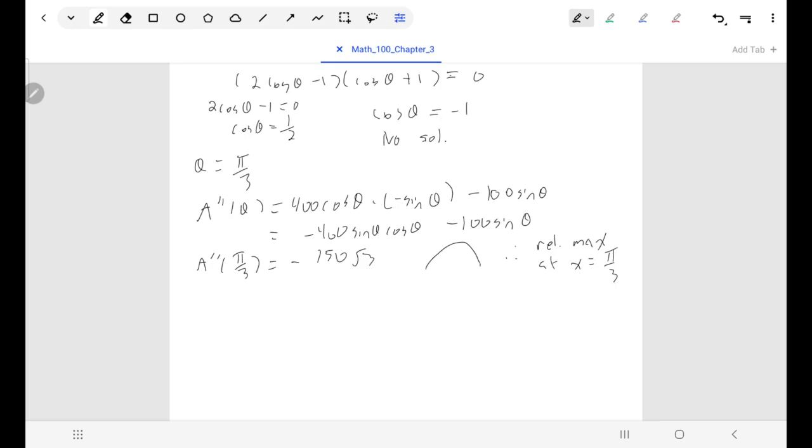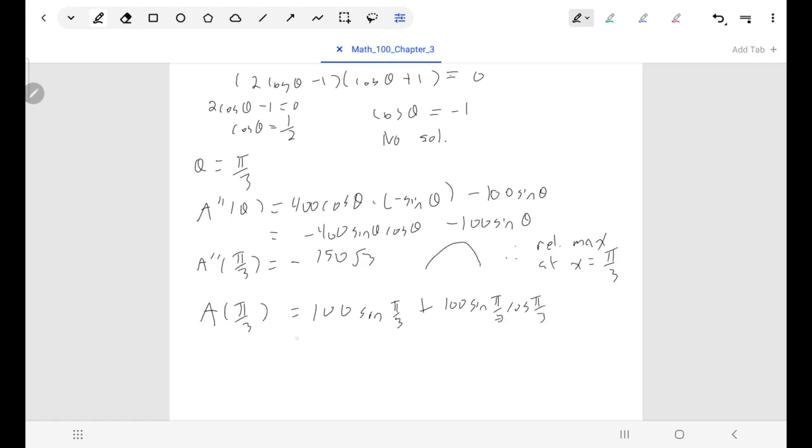So the question is, what happens at our endpoints? First off, we need to figure out what is the actual area at pi over 3. For that, I go back to my original area function that I had. That was 100 times sine of theta plus 100 sine of theta times cosine of theta.